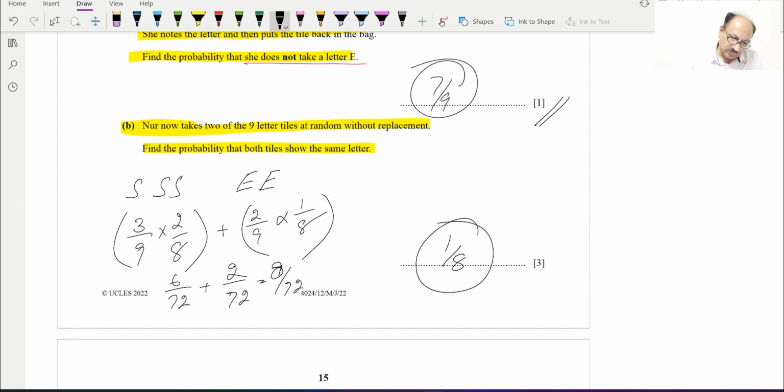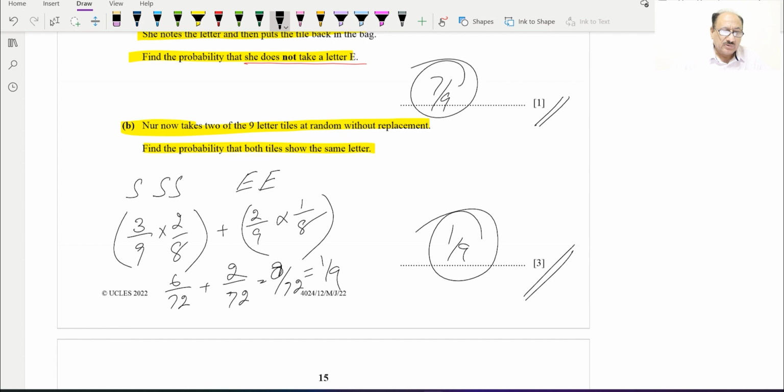So 8 out of 72. 8 out of 72 will be what? After simplification, it will be 1 by 9. So the answer will be 1 by 9. Yes, it's for 3 marks.